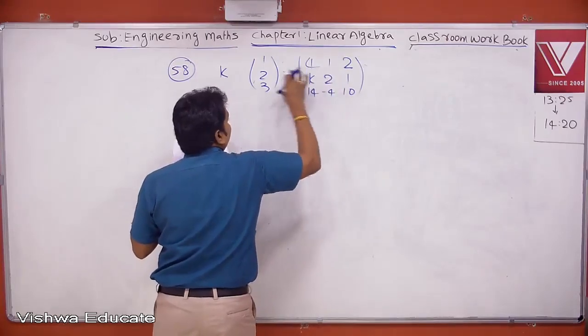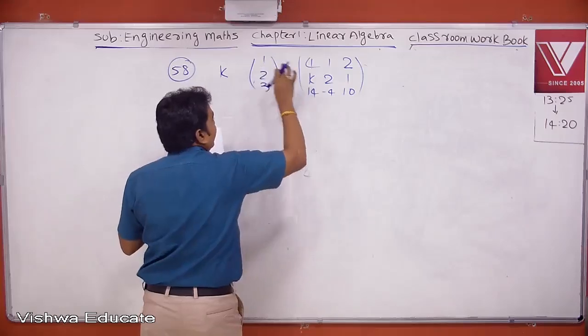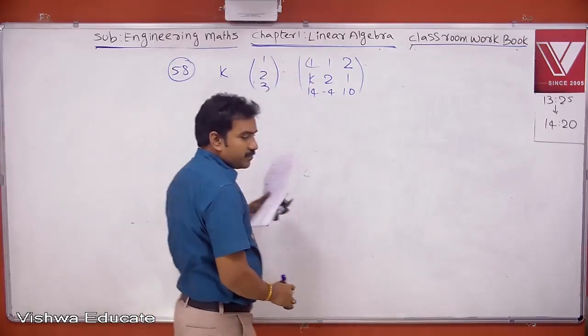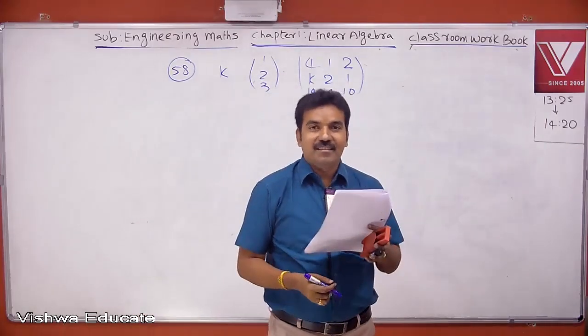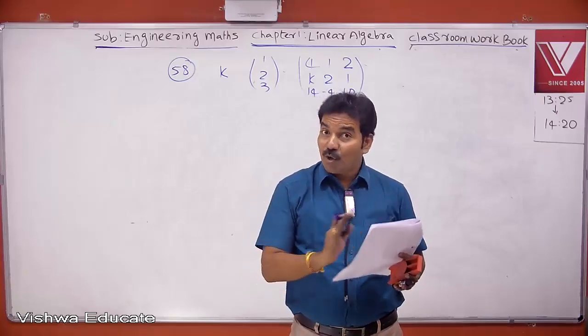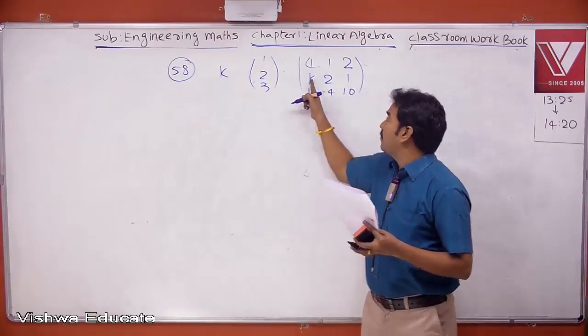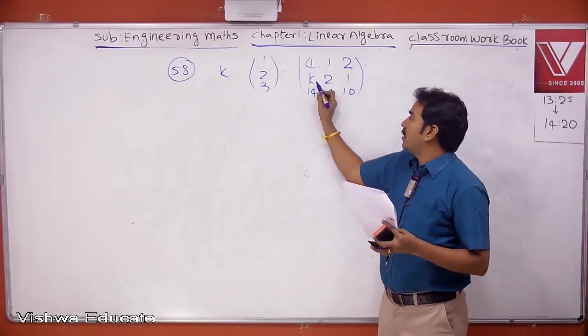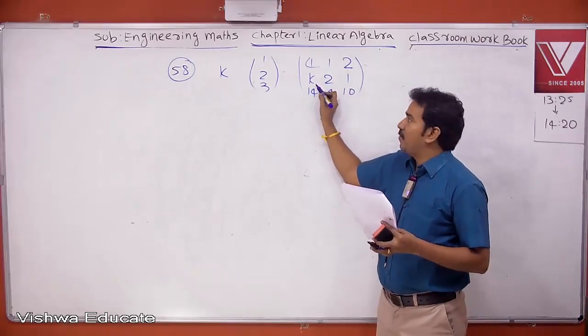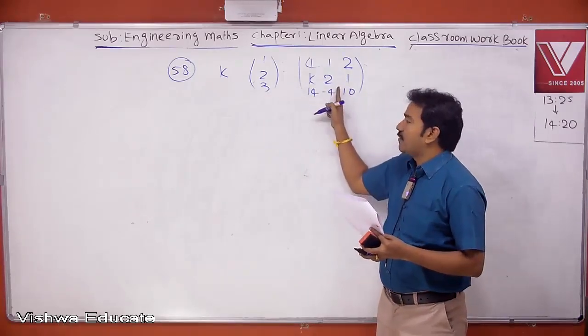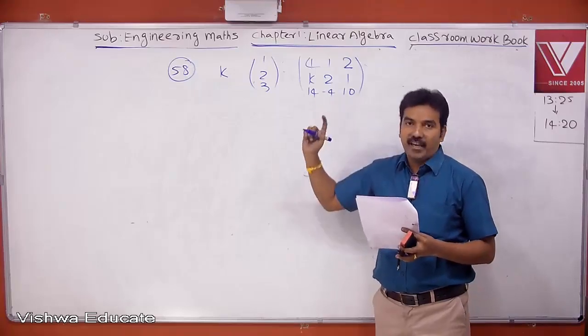For this matrix, if this is an eigenvector, then what is the value of k? Here lambda is missing. The matrix is given, but not completely. One value is missing that he named k. The whole matrix is given except one entry, that is k. If this is an eigenvector of this matrix, then what is the value of k?